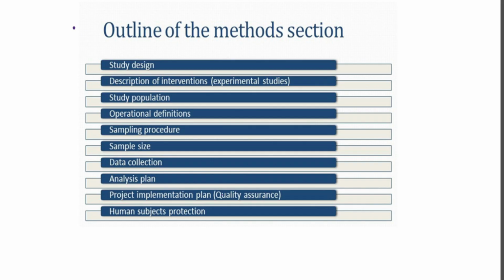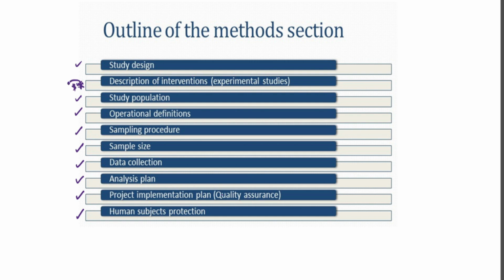Now see the information given in this slide. It is regarding the outline of the method section. They have spoken regarding study design, description, study population, operational definition, sampling procedure, sample size, data collection, analysis plan, project implementation or plan, and finally you have the human subjects protection. Okay, so you see the second point over here.